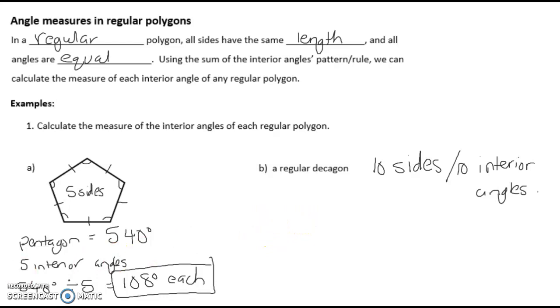So if you multiply 8 by 180, we have a total of 1,440 degrees, and we are dividing by 10. When you take 1,440 divided by 10, you end up with each interior angle being 144 degrees.